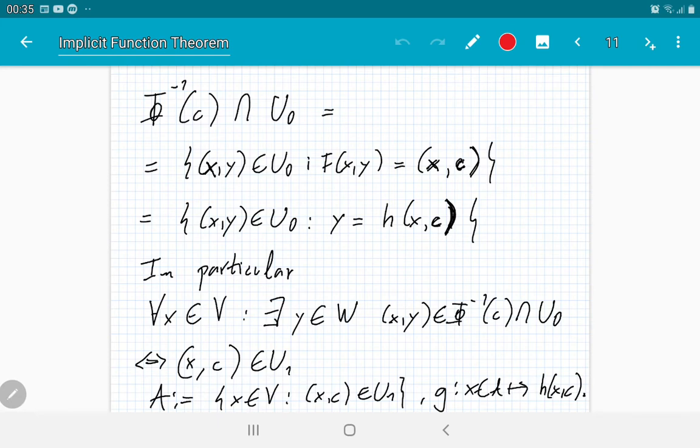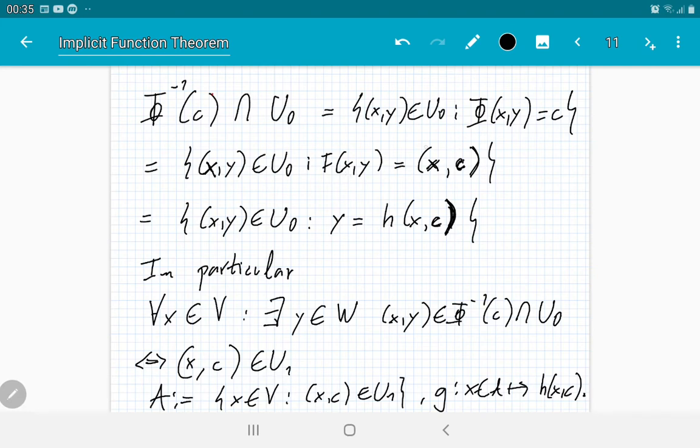Okay, so let's look at this. What is this guy? Phi minus 1 of c, intersected with u0. It's just the set of points x, y in u0 such that phi of x, y is equal to c.